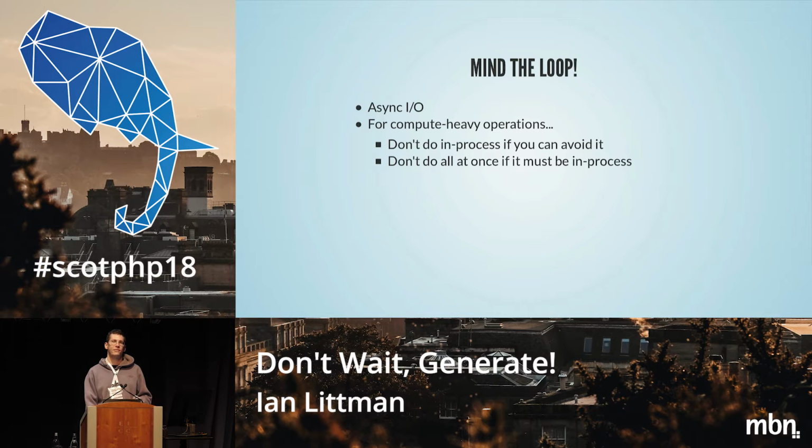That computation wasn't the fastest thing in the world, and they were blocking every single other request that was using that loop. Not a good deal. And this is the sort of thing where if your application is actually compute heavy, you don't necessarily want to use this methodology.